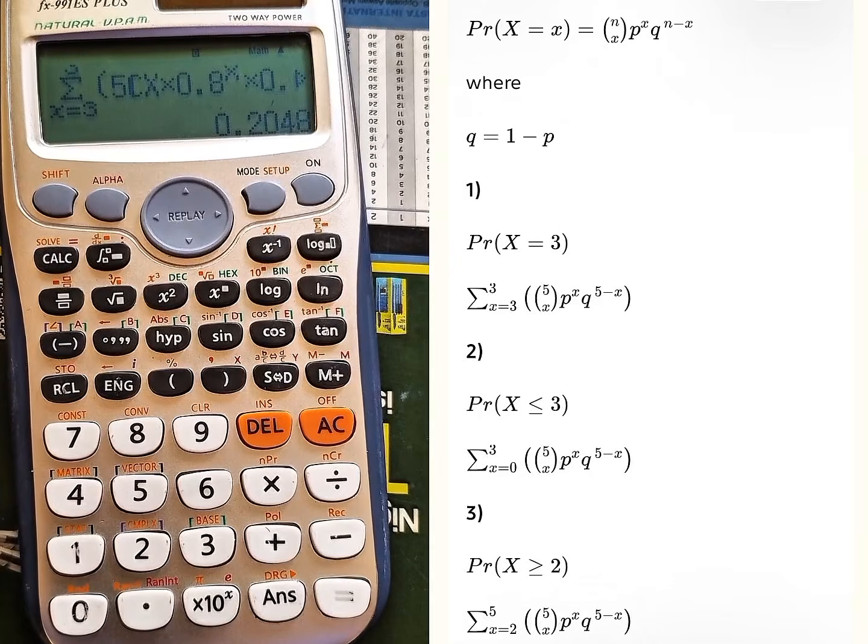Now part 2 says at most 3 people. What at most means is that it is the probability of x less than or equal to 3, so it is from 0 to 3 people. For a binomial distribution, our x starts from 0.